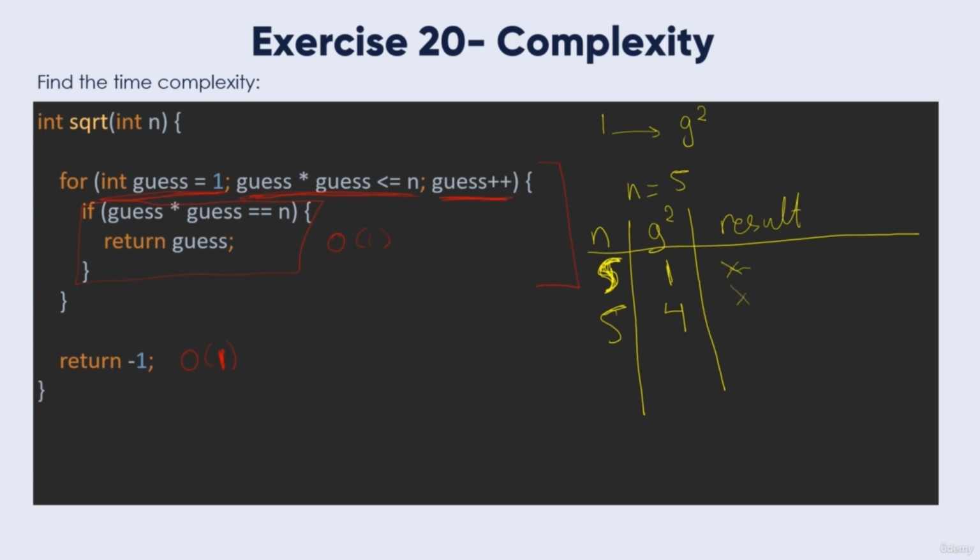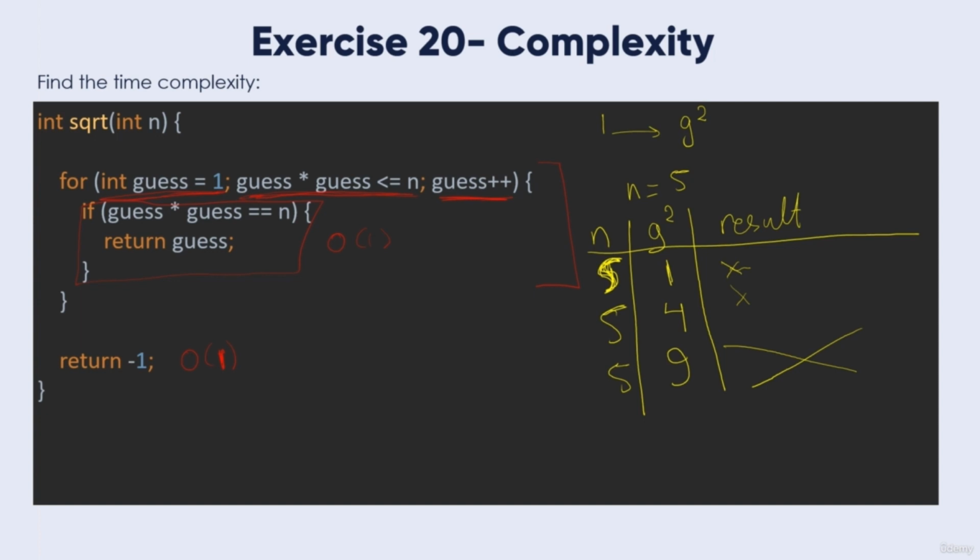Here, it will increase guess by 1. n equal to 5, guess now equal to 3. 3 square is equal to 9. So 9 less than or equal to 5? No, so it will stop the loop. It will break outside the loop and it will return minus 1.